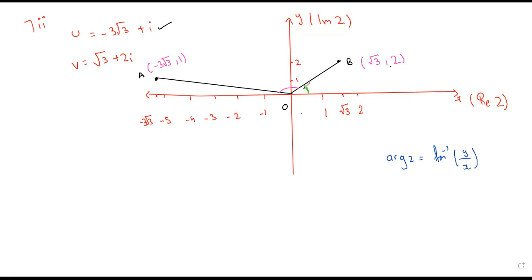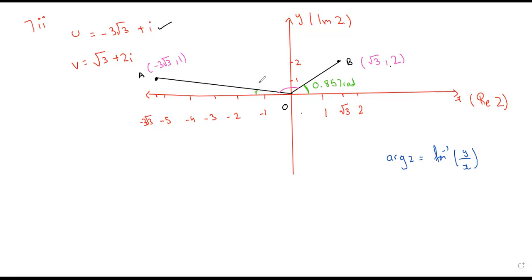What would be this angle? It would be tan inverse of 2 by root 3. I'm writing down the angle in radians, because you have also calculated in radians. 0.857. Okay, this is what I'm getting for this part.